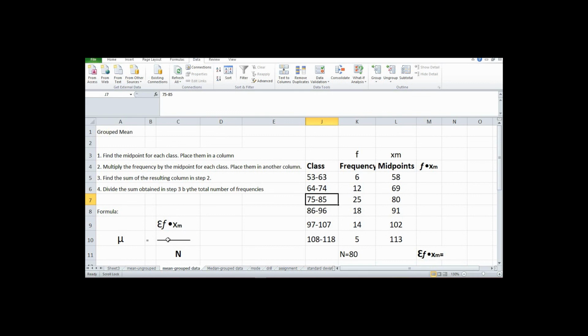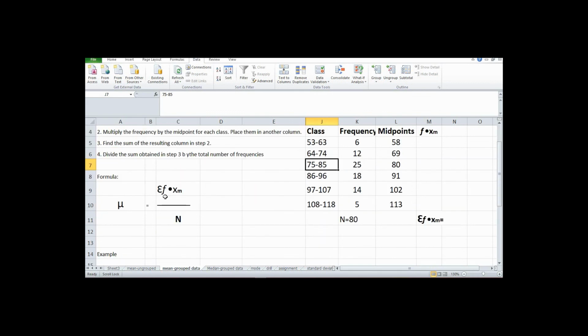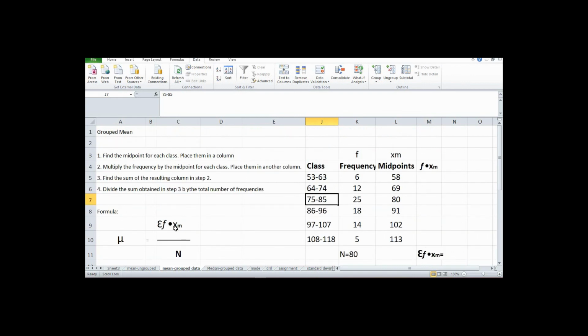So the formula says summation of f times midpoint or xm divided by n. So what shall we do? We will have to form another column for the frequency times midpoint. So you can multiply using Excel, 6 times 58.